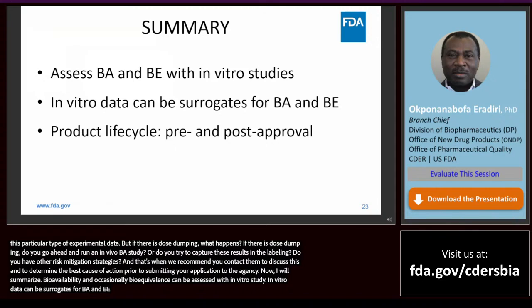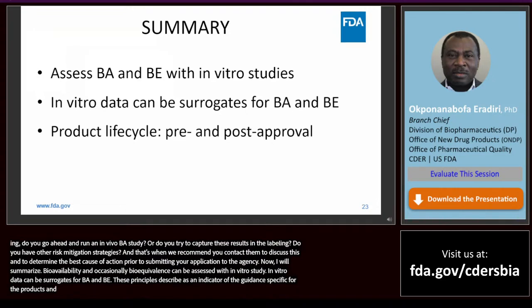These principles that I've described are actually in guidances specific for immediate release products and guidance specific for modified release products. They are actually post-approval requirements, but these changes can occur even pre-approval.